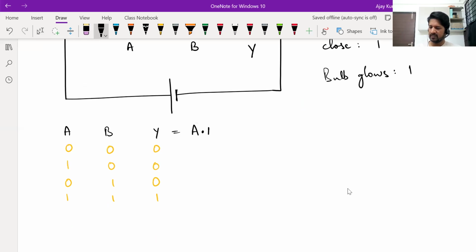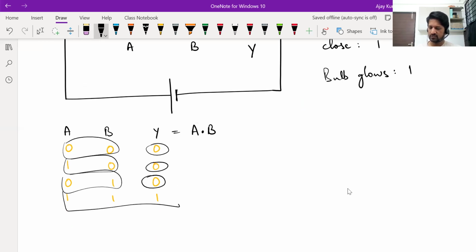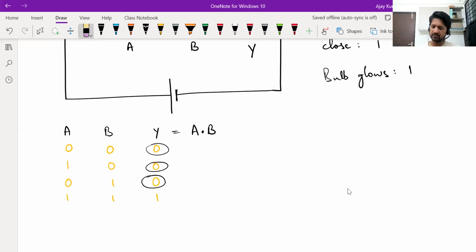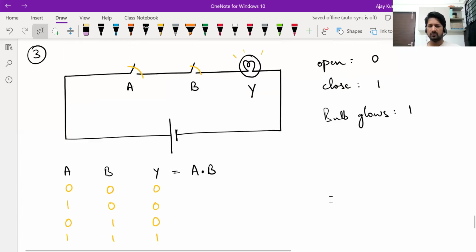It's like Y is equal to A and B. When any one of them is 0, the output is 0. But when both are ones, the output is 1. So this is what an AND gate does. This circuit is similar to an AND gate. So you can be asked questions like this also.